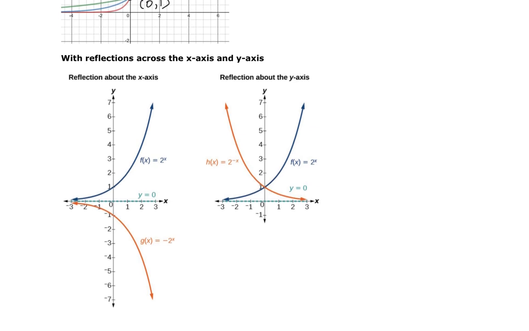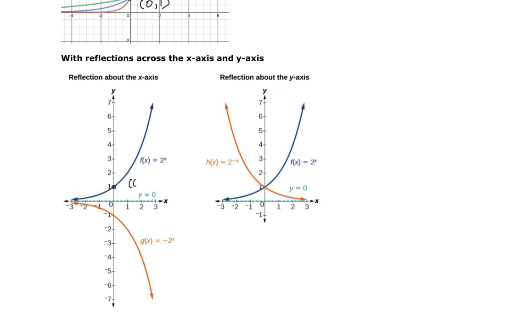We are still doing reflections about the x and y axis, so you can see that I have 2 to the x here, and then negative 2 to the x looks like this. And that is a reflection over the x-axis because we're multiplying all of my outputs, not my x's, all of my y's by a negative 1.